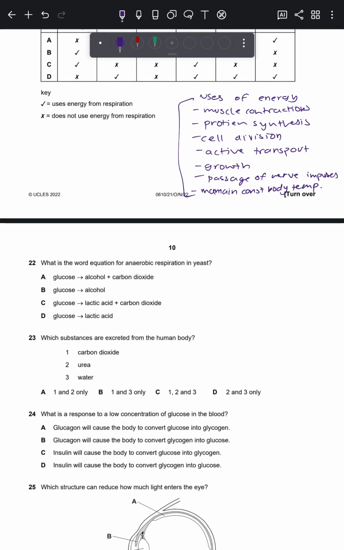What is the word equation for anaerobic respiration in yeast? So in yeast, the word equation is that glucose, since it's anaerobic, there is no oxygen.